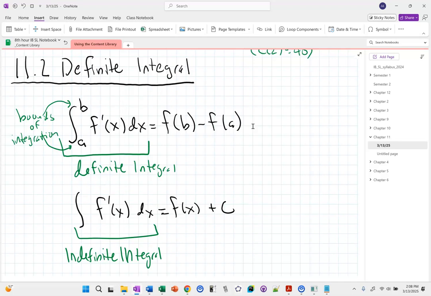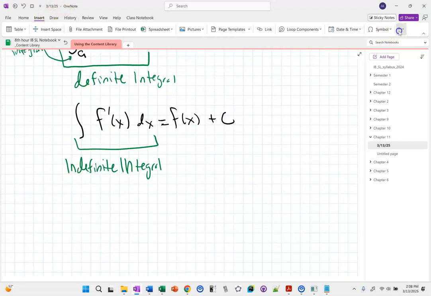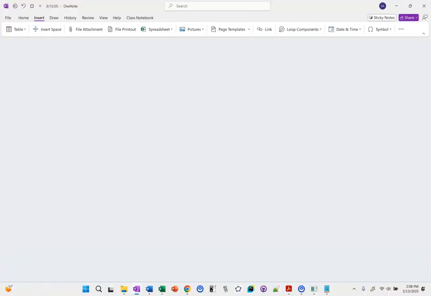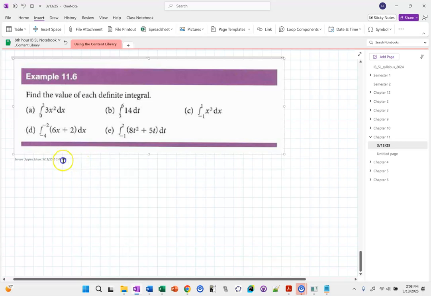When there are no bounds, that's an indefinite integral. The difference is the definite integral is just going to be a number. The indefinite integral is going to be a function. Once you start doing it, that part's relatively obvious, but this is the first time seeing it, so I'm just trying to be clear and talk through it.